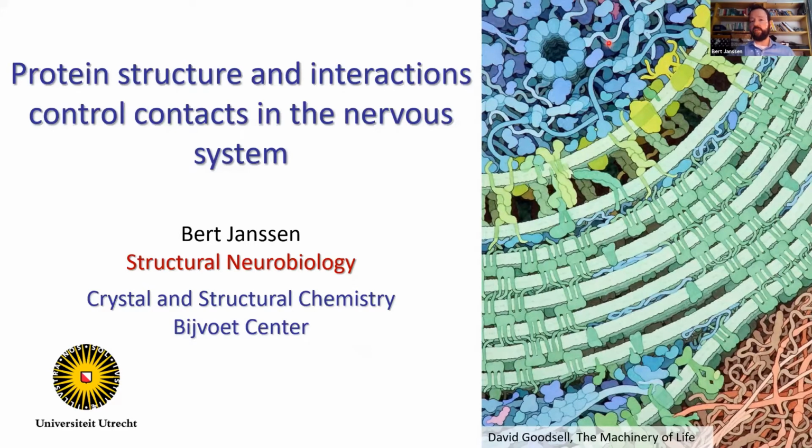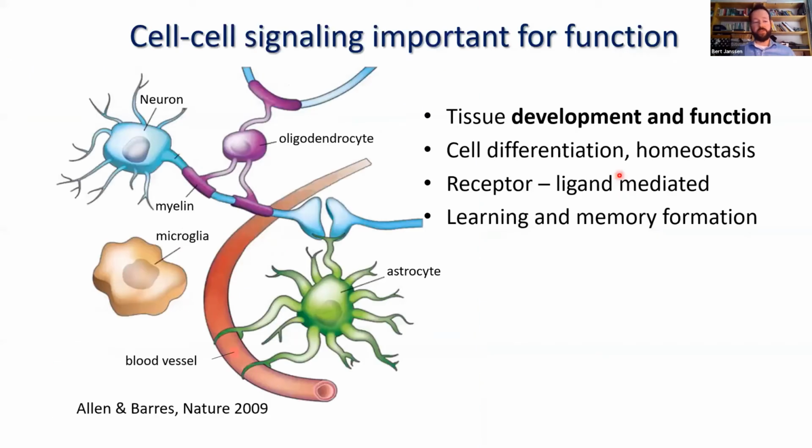It's part of a neuron, an axon, and the axon is interacting with an oligodendrocyte, and the oligodendrocyte has produced myelin, which are layers of membrane around the axon. And there's an enormous amount of interaction between the cells. These interactions between cells are important for signaling, for the function of tissues, for the formation of tissues.